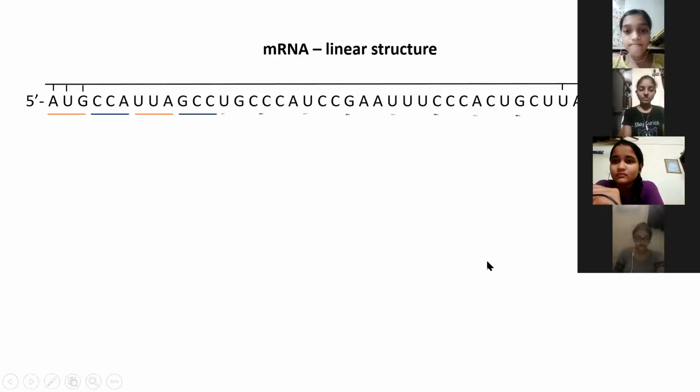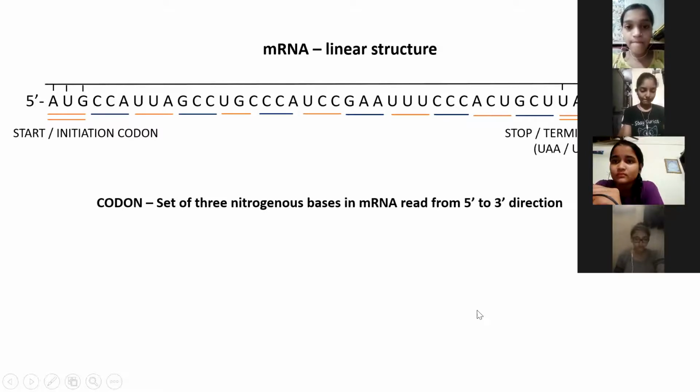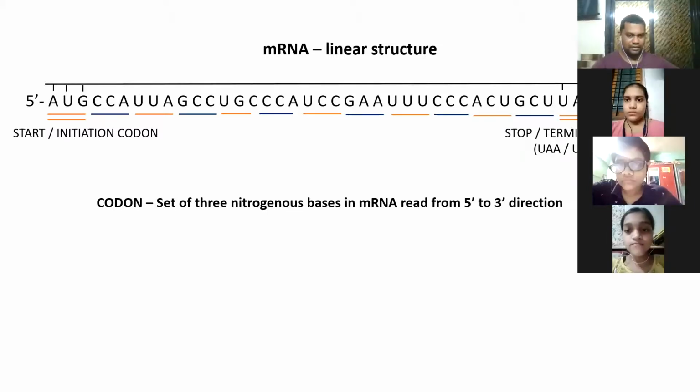So that's about the codon. And then we also spoke about something called the start codon, also called the initiation codon. That is always AUG. Similarly, there is something called the stop or termination codon. This is not one codon, there are 3 of them, and in any given mRNA, it can be any one of these 3.